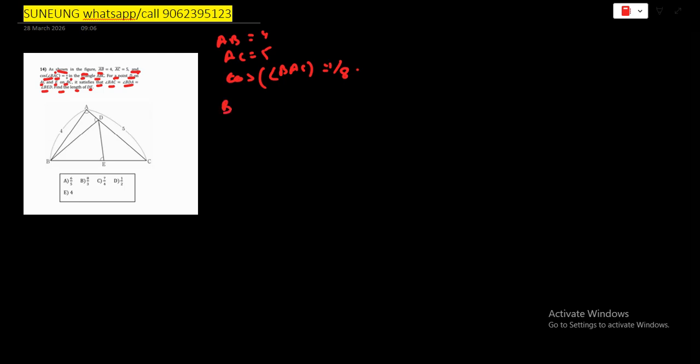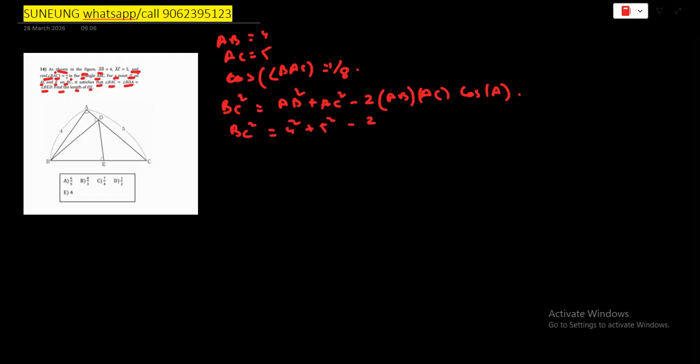So we get BC square equal to AB square plus AC square minus 2 into AB into AC into cos A. So BC square will be 4 square plus 5 square minus 2 into 4 into 5 into 1 by 8. So BC square is 16 plus 25 minus 5, that is 36.